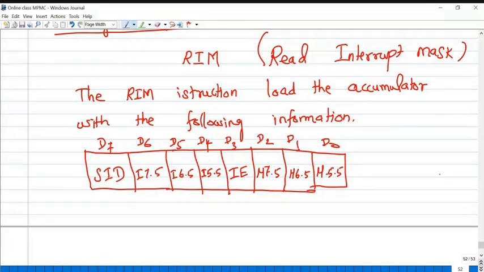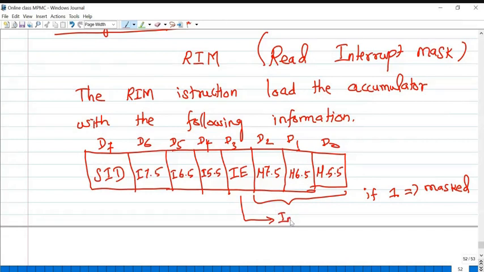D0 to D2 are the interrupt masks, where 1 represents masked. D0 at 1 means RST 5.5 is masked, D1 at 1 means RST 6.5 is masked, like this for D2 also. Then IE, the interrupt enable flip-flop or flag. If 1, all the interrupts are enabled.